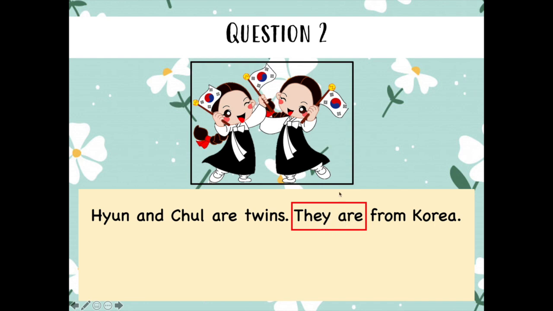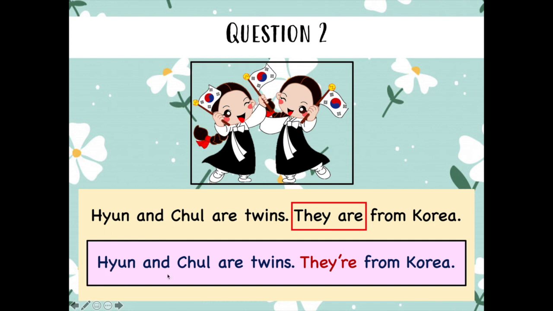So your answer will become Hyun and Chul are twins. Just copy from here, and this one you need to change into contractions. They will become they're from Korea. So that is how you do activity 2, which is about contractions.